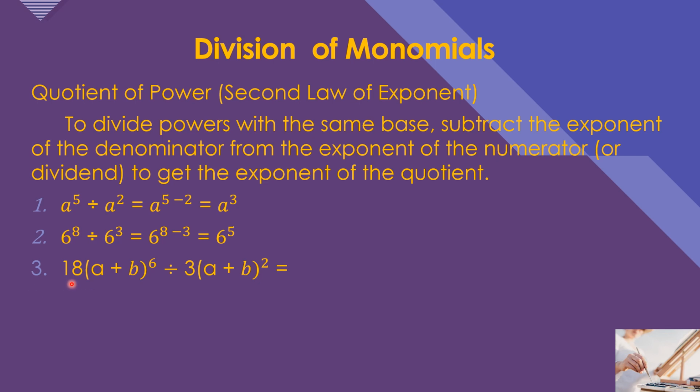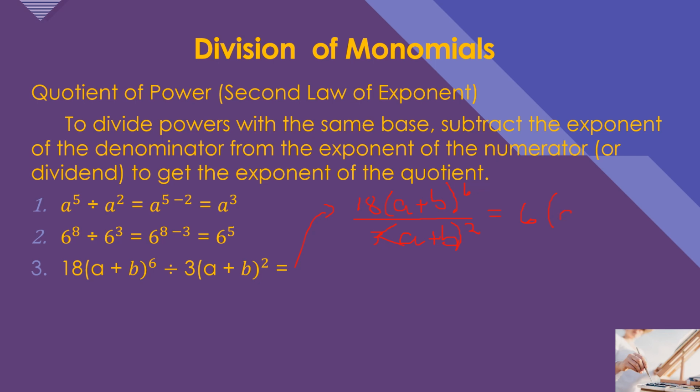Okay, so this time we have a monomial divided by a monomial. How are we going to do this? We can write this as 18 times the quantity A plus B raised to the power of 6 divided by 3 times the quantity A plus B. So 18 divided by 3 is 6.